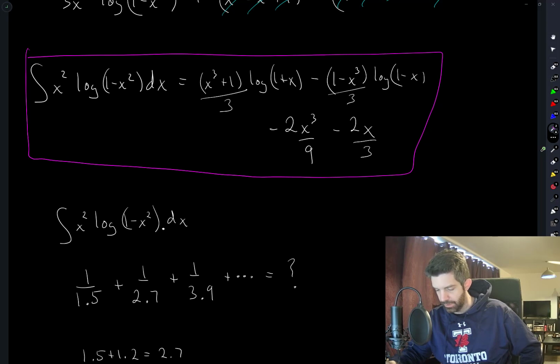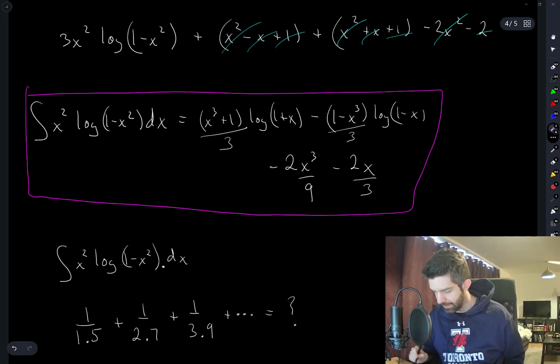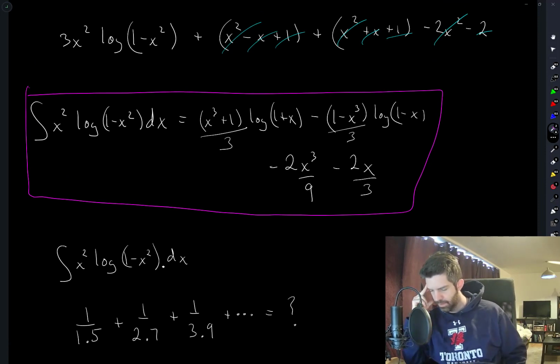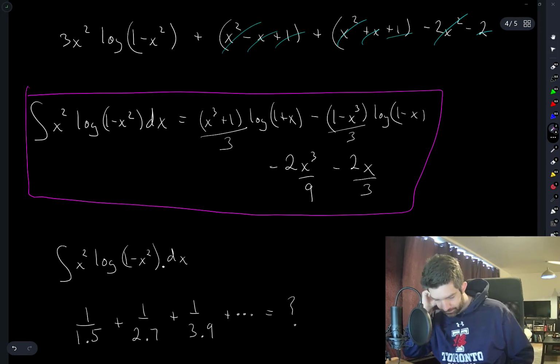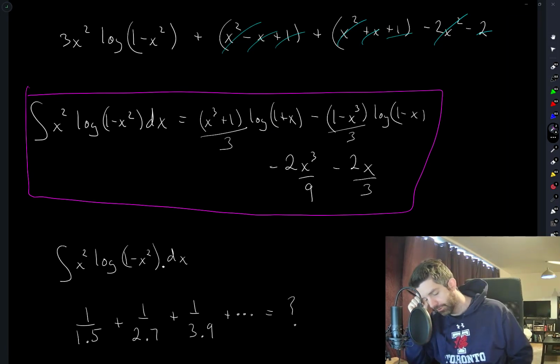And what should we do? Integrate this? I mean, if we want to turn this in any way into an infinite series, maybe we can expand that as an infinite series.